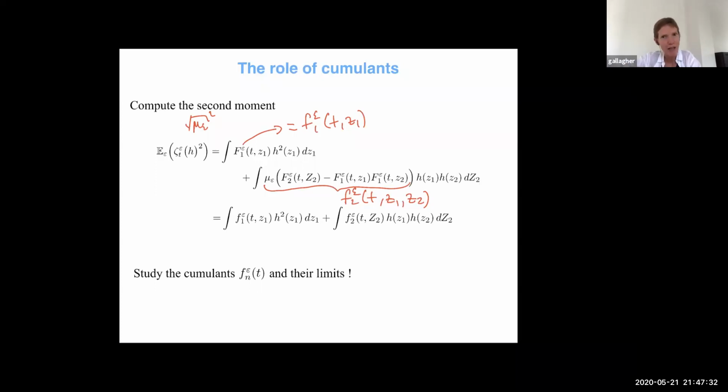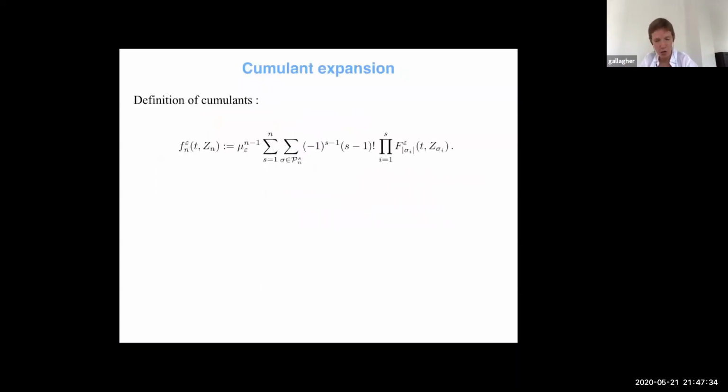And then add f1, f1, f1. This is a formula you don't have to remember at all, but the n-particle cumulant is exactly this. The combinatorics comes from reordering the particles, and then you take all products, and that gives you exactly, by definition, a cumulant.